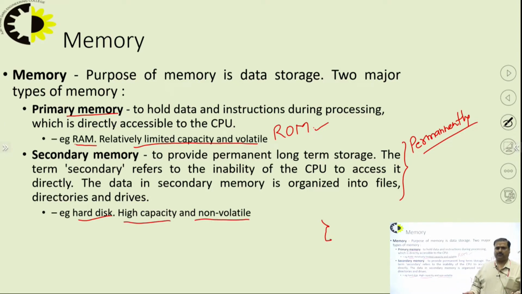Non-volatile means they store data for later use, that is permanently. They are not flushed out when the power is off. The cost of secondary memory is generally lower than primary memory, and that's why we can keep it high in capacity while keeping the overall cost of the computer system low.